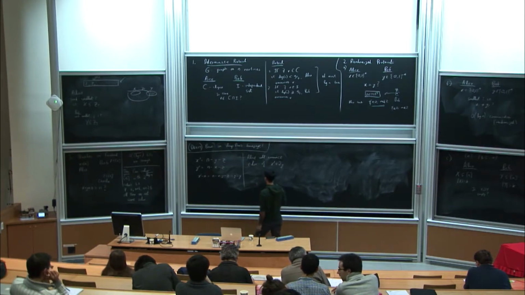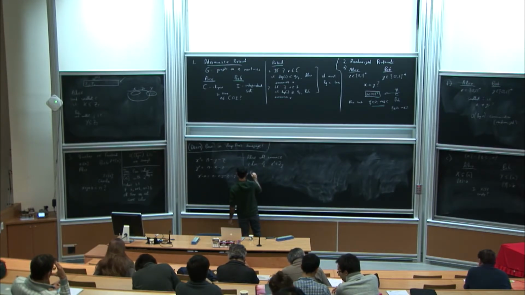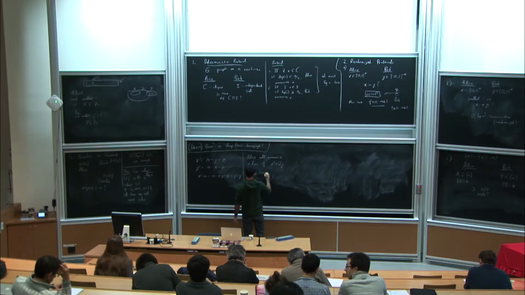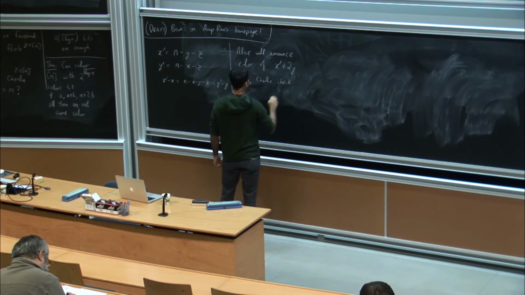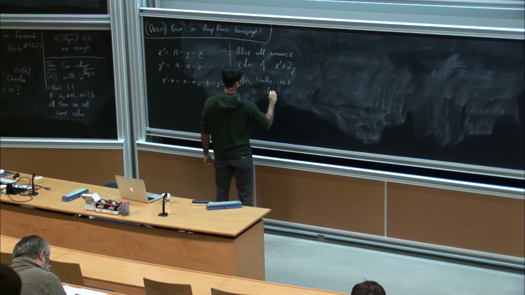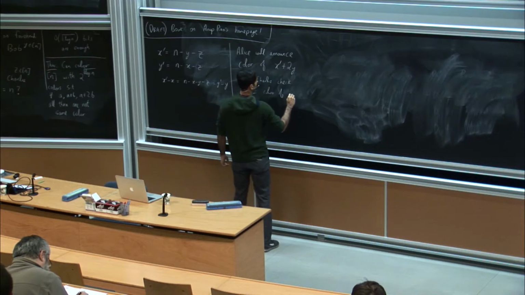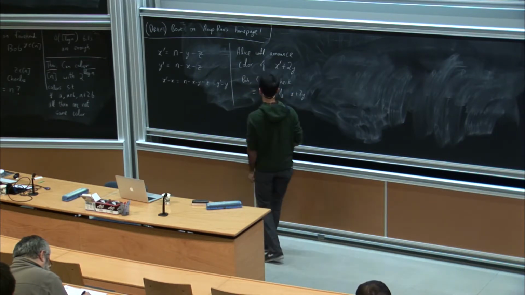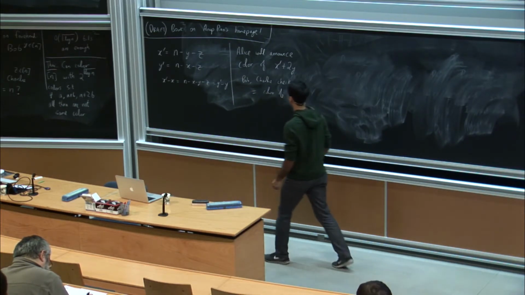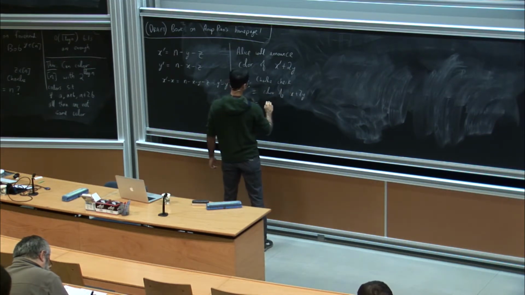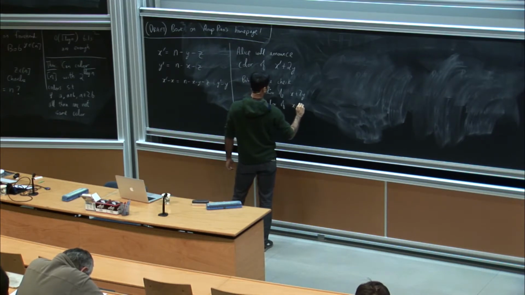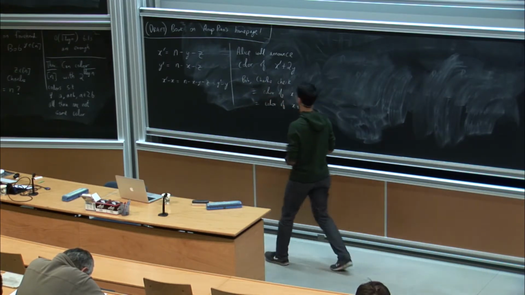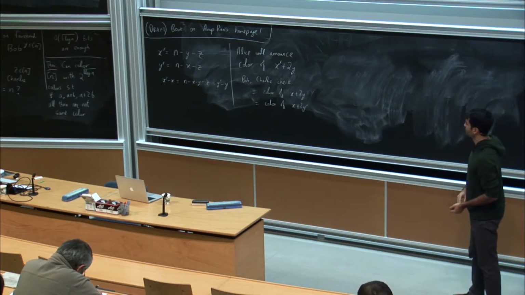And what Bob and Charlie will do is check that this is equal to the color of x plus 2y, which Charlie can compute, and the color of x plus 2y prime, which Bob can compute.